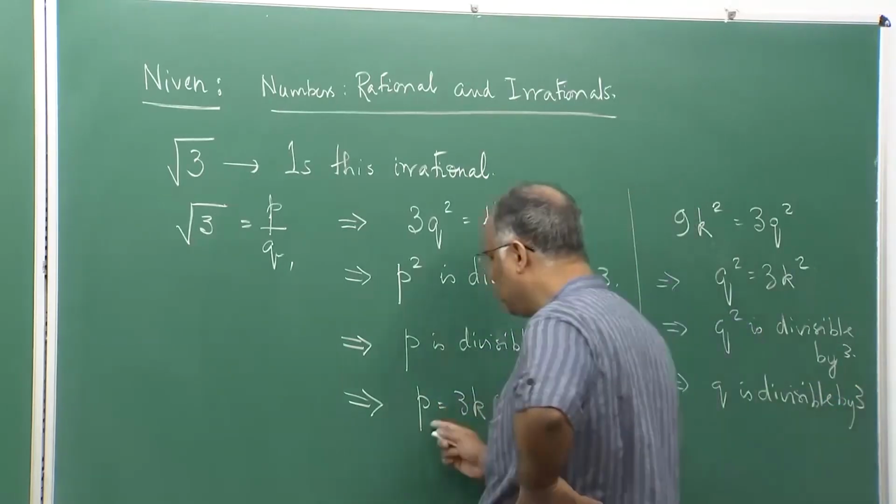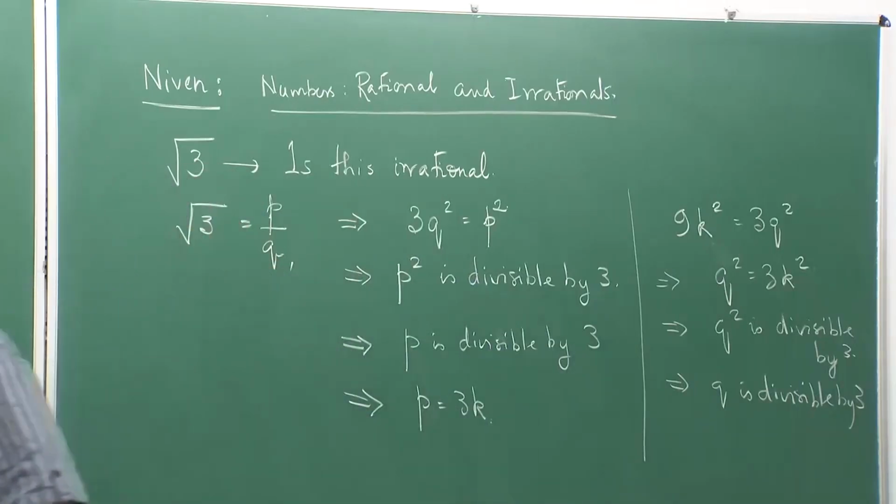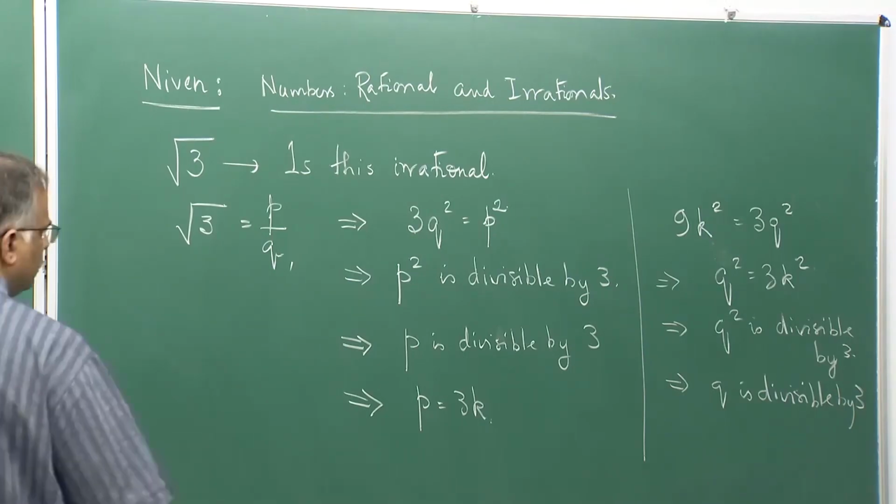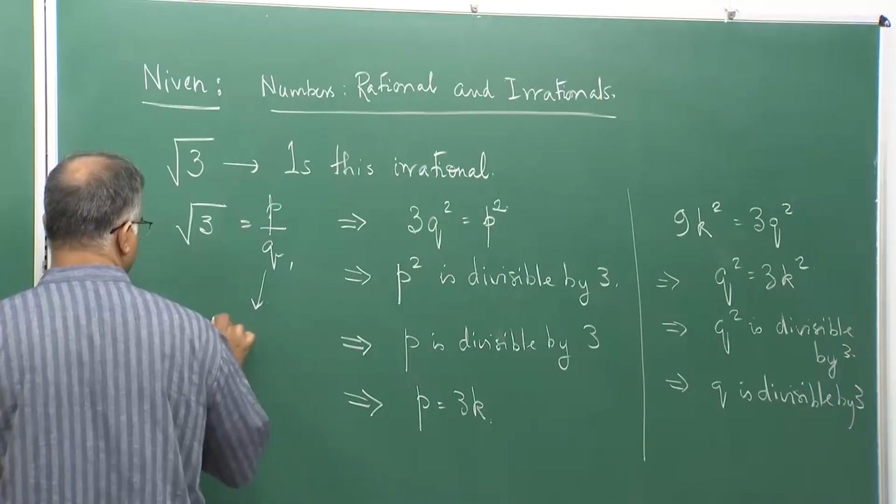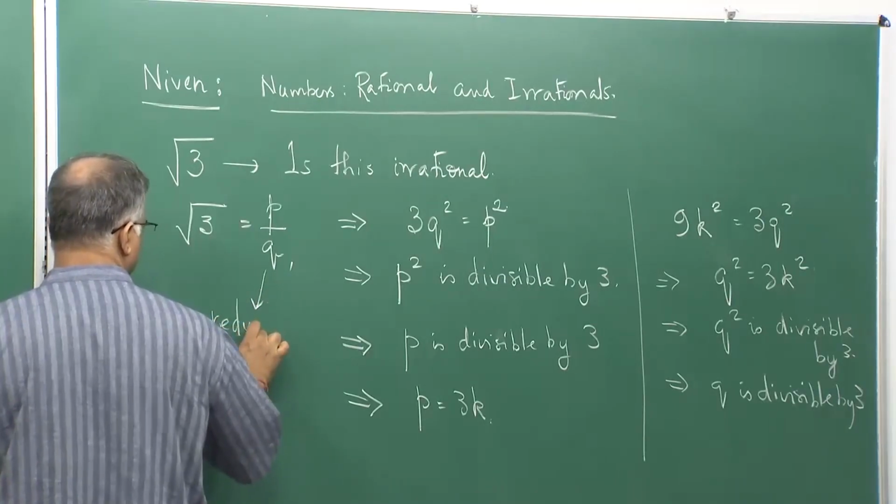So, now 3 becomes a common factor between P and Q, which is not possible because we have said that the only common factor P and Q has is 1. So, again just keep in mind, this is in the reduced form.